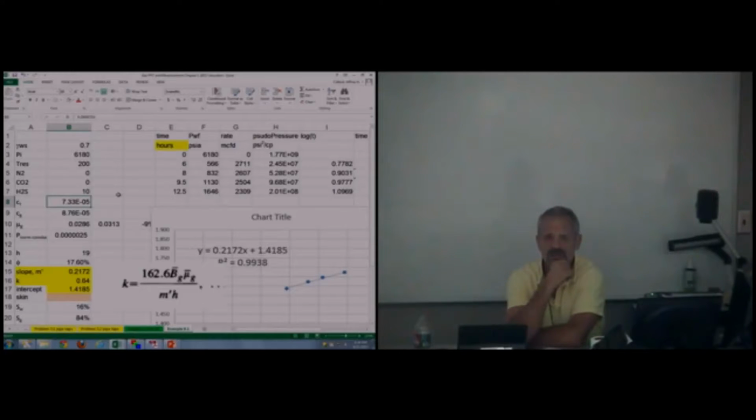What's it related to, though? Did you read about it? Gas turbulence? Yeah, turbulent flow near the wellbore. What happens near the wellbore in radial flow? Why? Because the velocity of the gas increases.